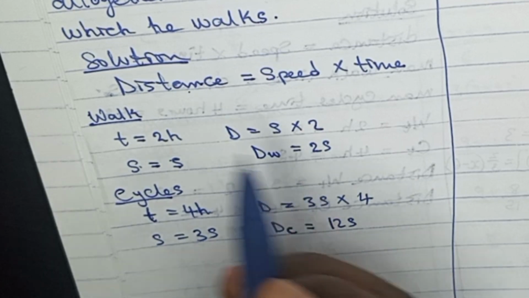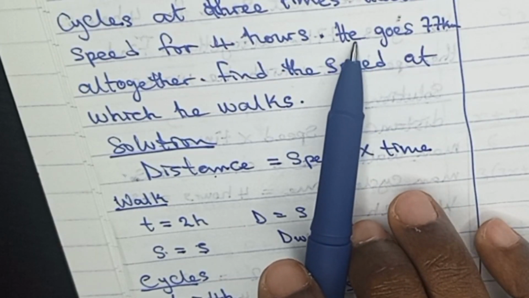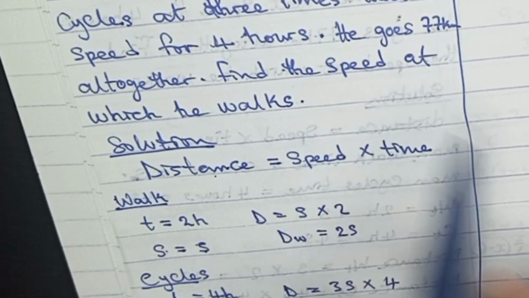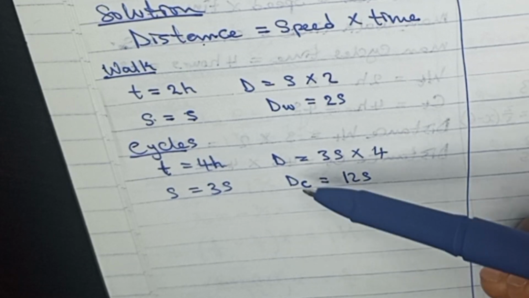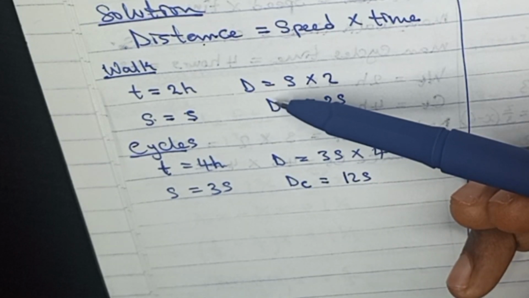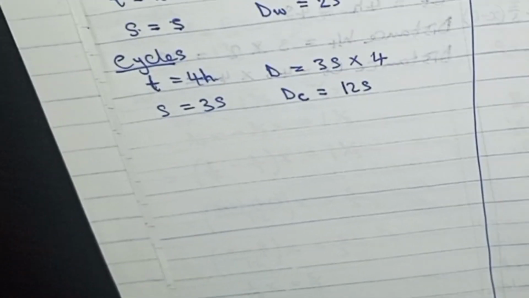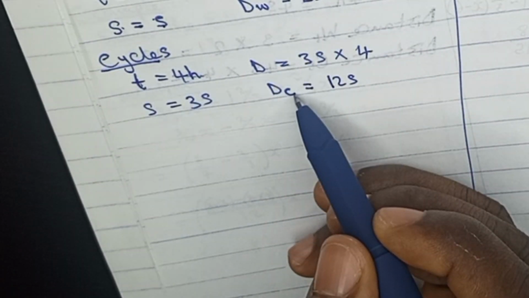So now what we are going to do next is what? We are asked, he goes 77 kilometers altogether. Find the speed. So altogether, the distance is 77. That means when we add this and this together, it gives us 77. So we can write total distance, that is dw plus dc.